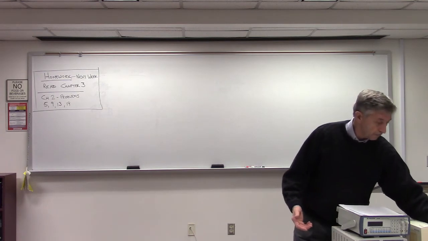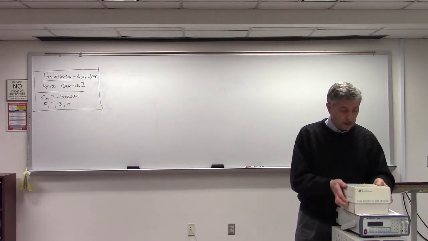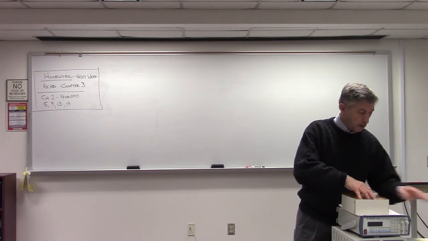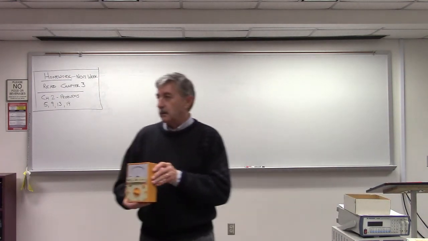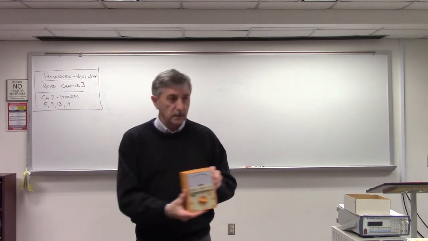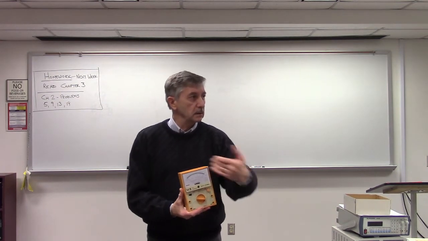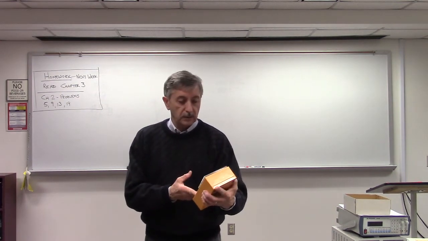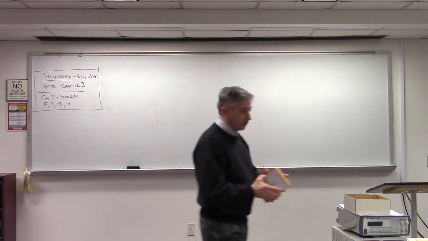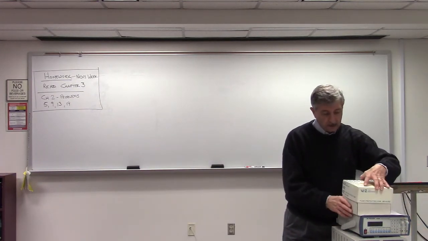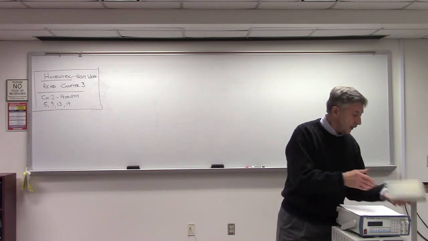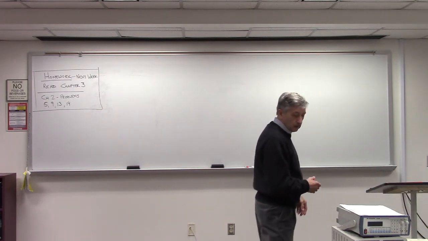Here's the analog equivalent of this meter. I wish I could use that. One of the fuses is blown on that, but you can see the needle, and I can read almost any value with that. Kind of an old guy there. So analog versus digital.